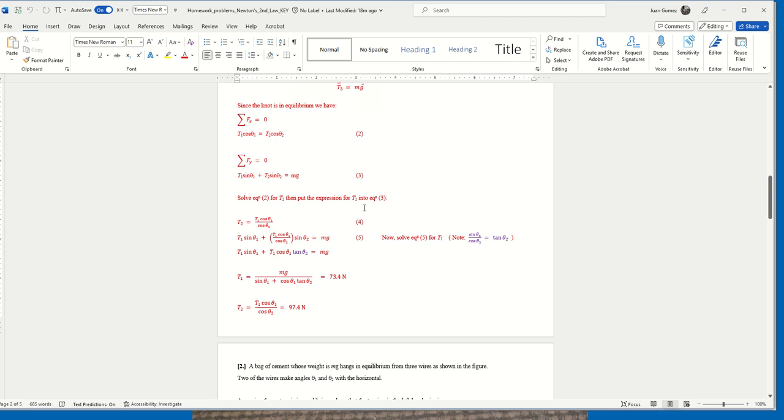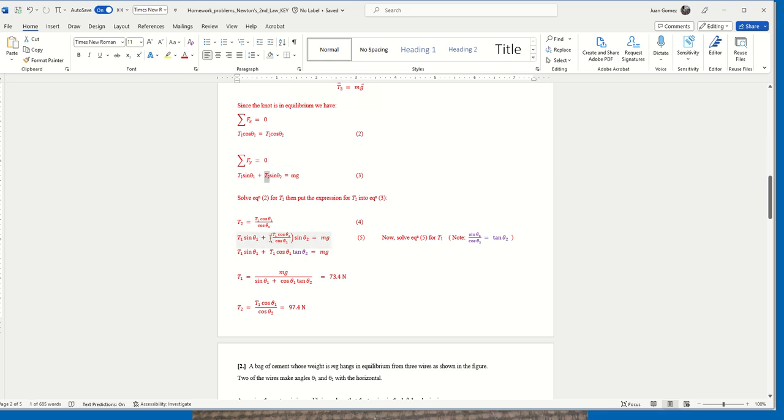So when I solve equation 2 for T2, it's very simple. Just divide both sides by cosine theta 2. So T2 is T1 cosine theta 1 divided by cosine theta 2. Where does this expression go? This expression goes into equation 3. I'm going to put it in right there for T2.